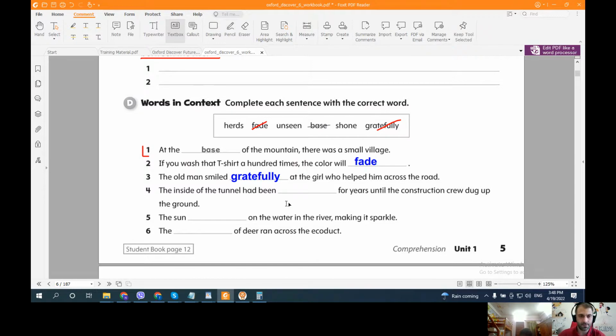Unseen, yes. Okay, they cannot see because it's dark in the tunnel, so they cannot see something. So it's unseen. Okay, just a moment.